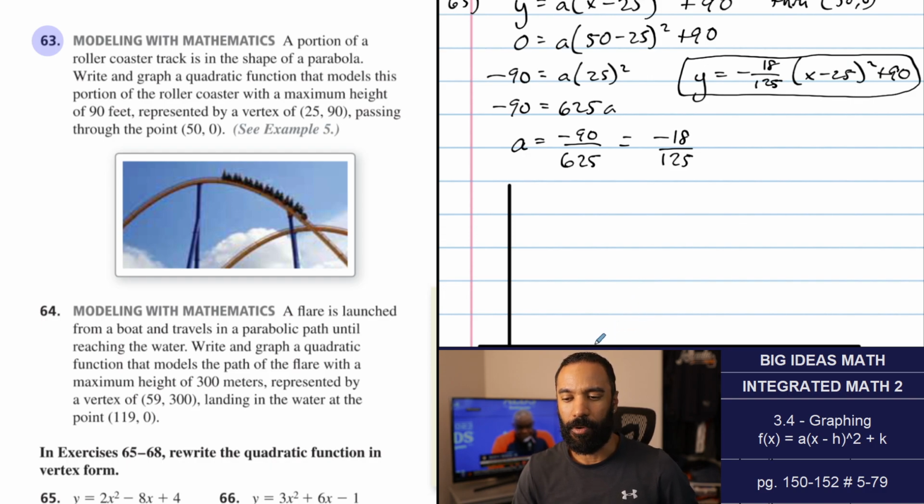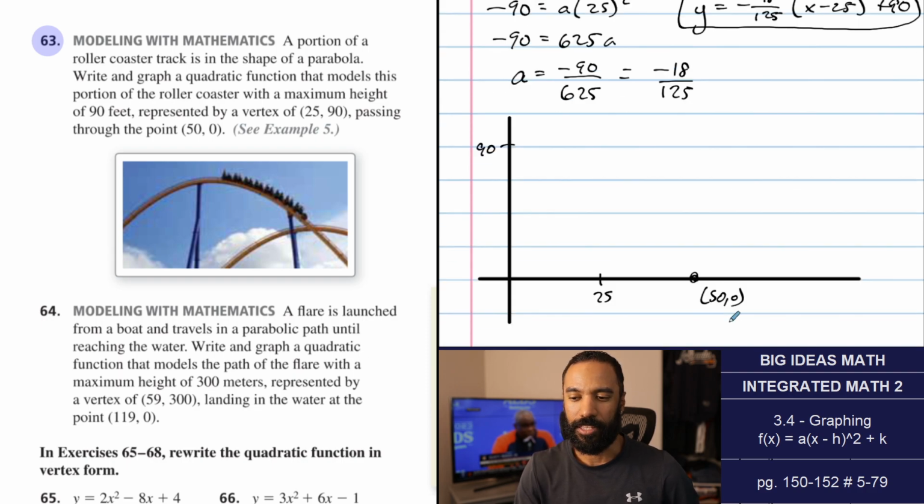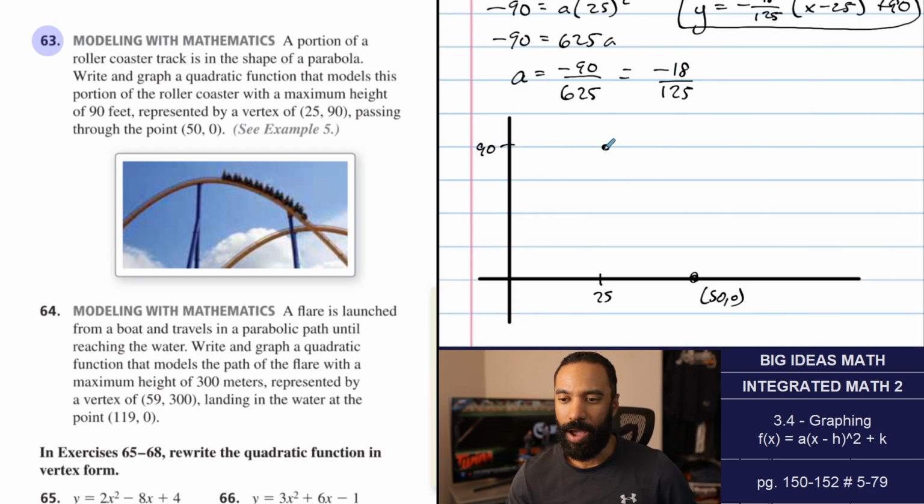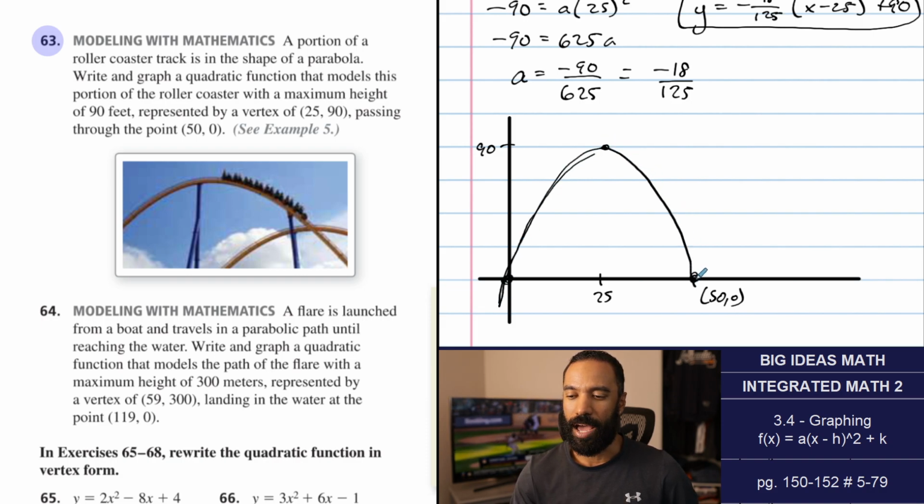I get it with factored form, but axis of symmetry I think also works. 25 here, 90 here, and they said 50 comma 0. So if I have 50 comma 0, yeah, this will still work, and it's 25 away from 25, then on the other side would be the other corresponding point. So when it comes to graphing, these guys would do that right there. There's the concept of that graph.